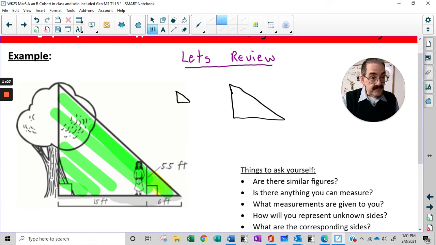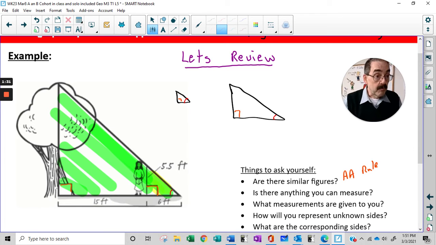Then we identified corresponding parts. This angle is the same as this angle right here because it belongs to both triangles. If we drew it correctly, we had the 90 degree and the 90 degree, and we decided they were similar by the angle rule.